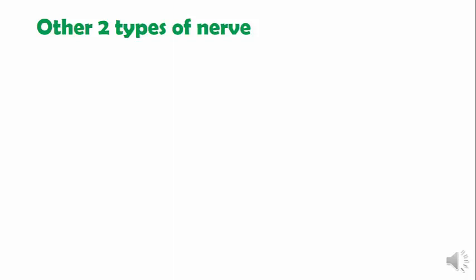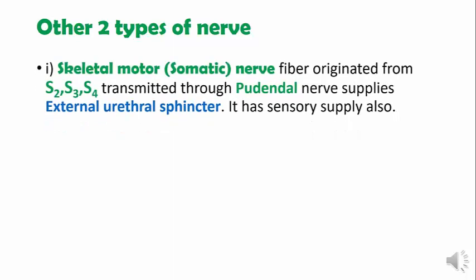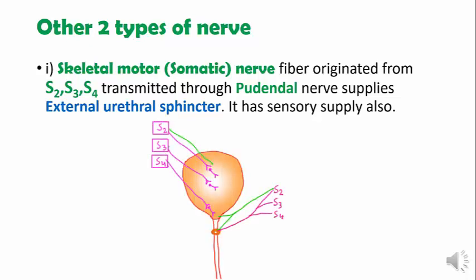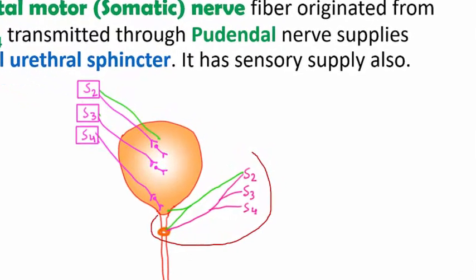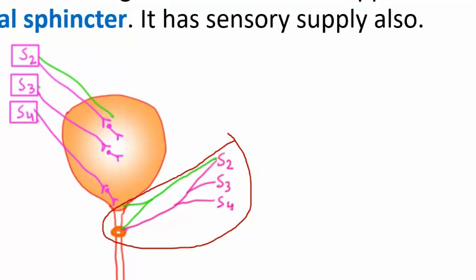Among the other two types of nerve supply of the bladder, the most important one is the skeletal motor nerve, or somatic nerve fiber, that originates from the same S2, S3, S4 segments and is transmitted through the pudendal nerve and supplies the external urethral sphincter. This portion is the skeletal motor nerve.